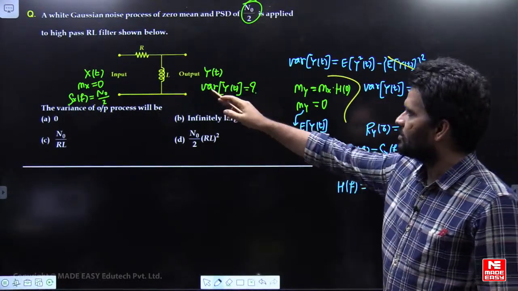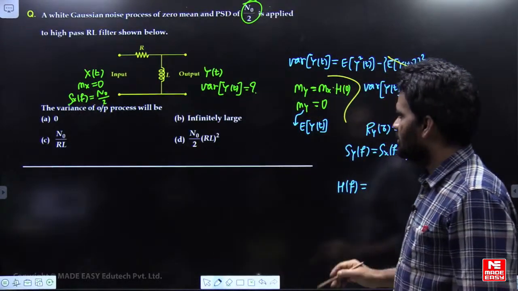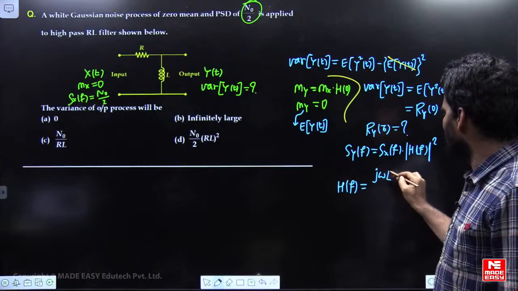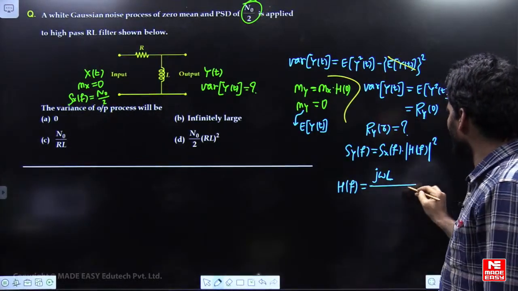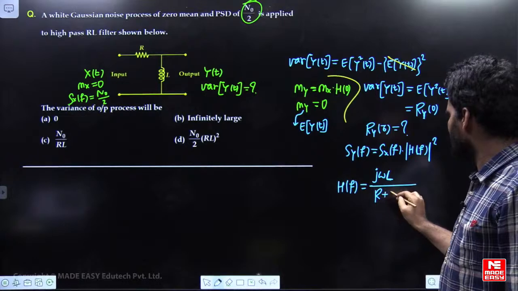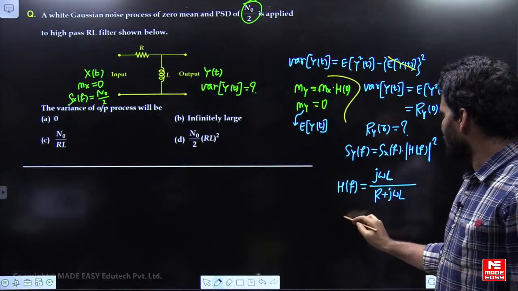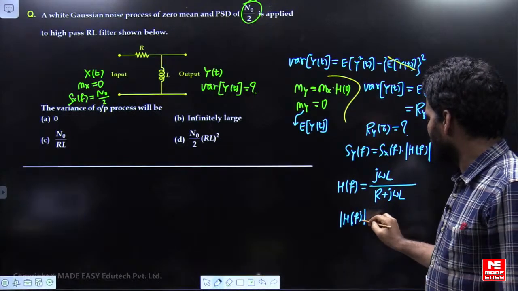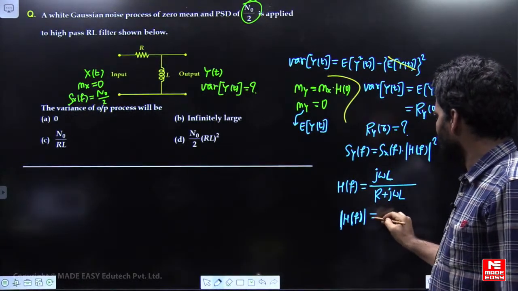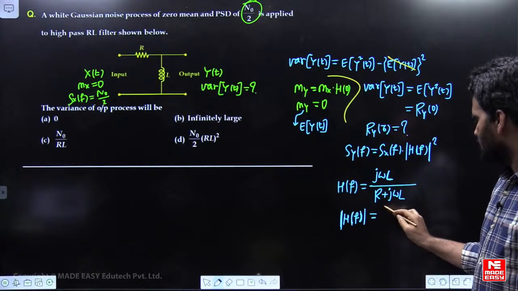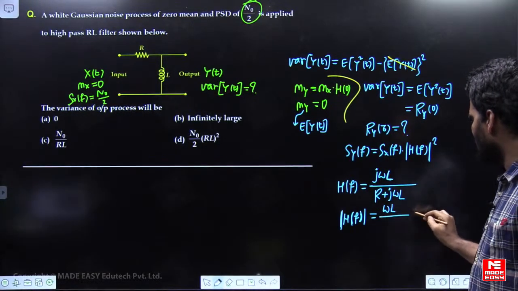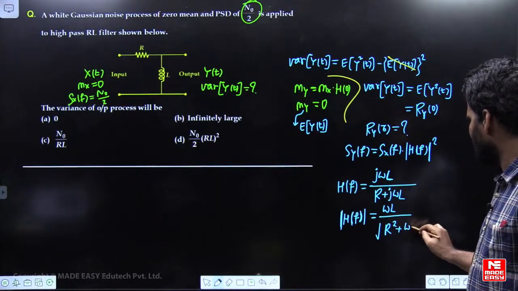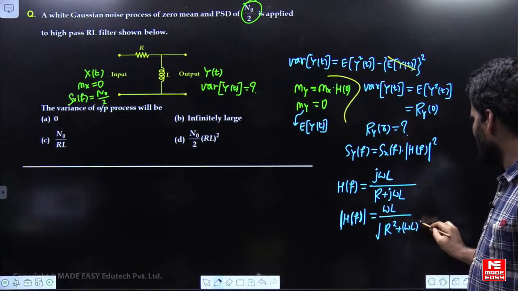from the voltage division rule, this is the inductive reactance j omega L, and omega you can write as 2 pi f if you want to write in f domain, upon R plus j omega L. And mod H(f) will be equal to, the modulus of the numerator is omega L upon root over R square plus omega L square.